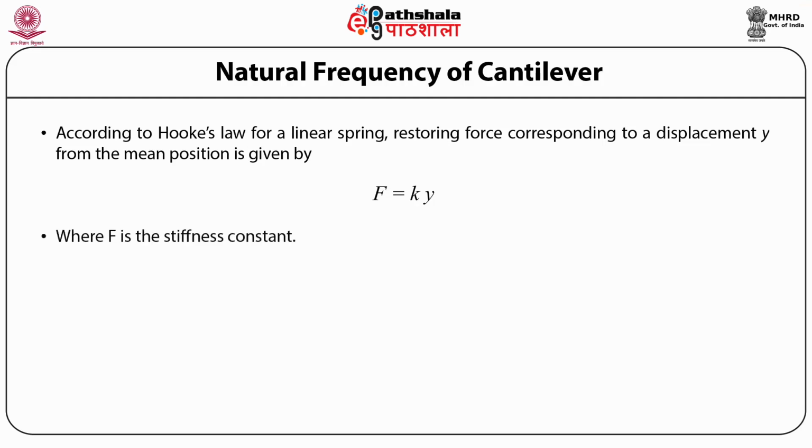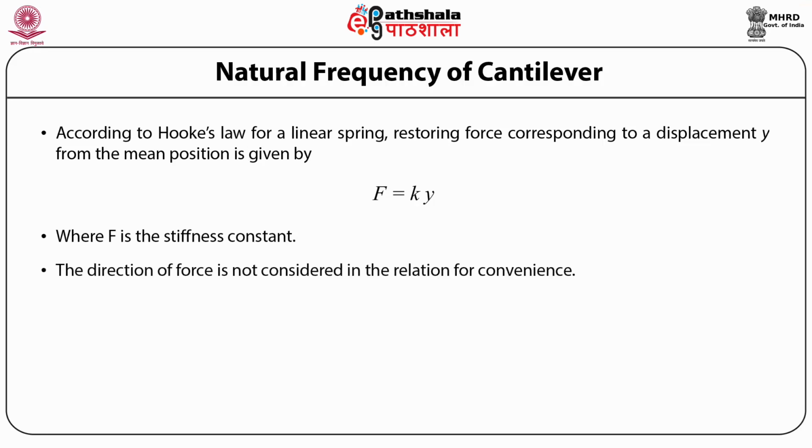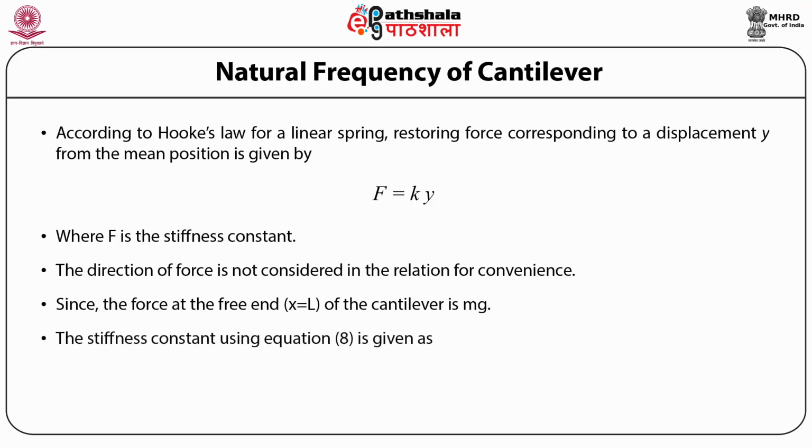Where k is the stiffness constant. The direction of force is not considered for convenience, since the force at the free end, that is x is equal to L, of the cantilever is mg.